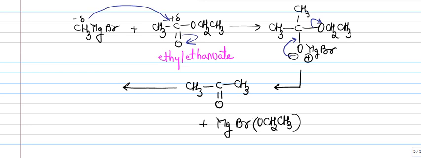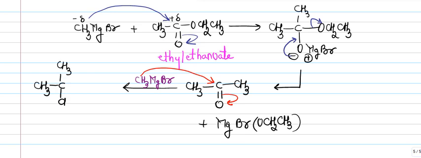If Grignard is taken in excess, then there is one more nucleophilic attack. I am taking the Grignard once again, CH3MgBr, and there is going to be a nucleophilic attack on the partially positive carbon. We end up getting CH3C(CH3)(CH3)OMgBr.